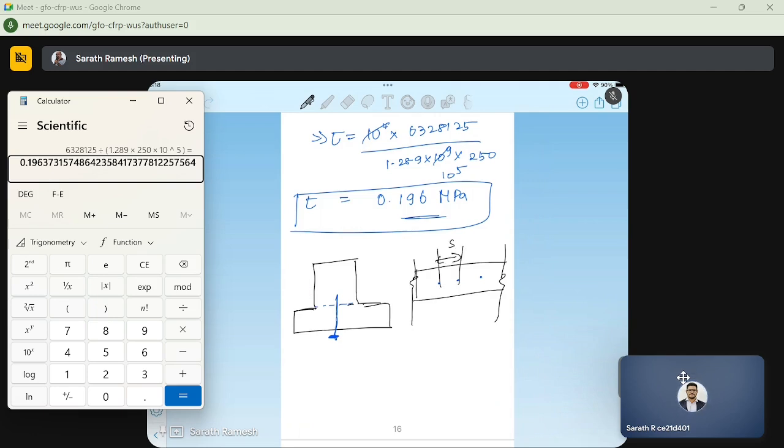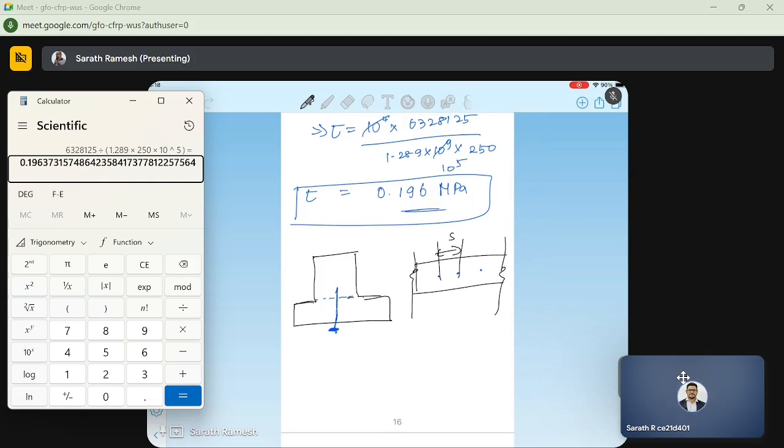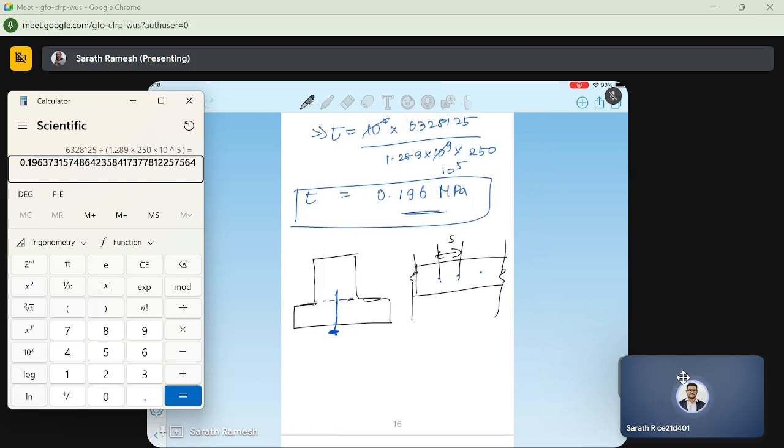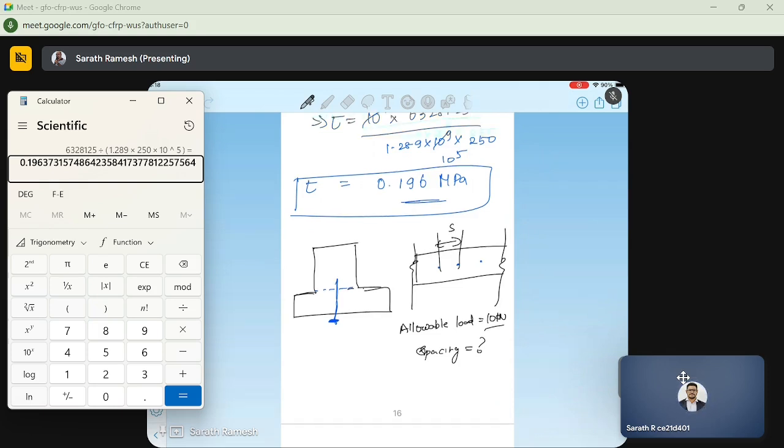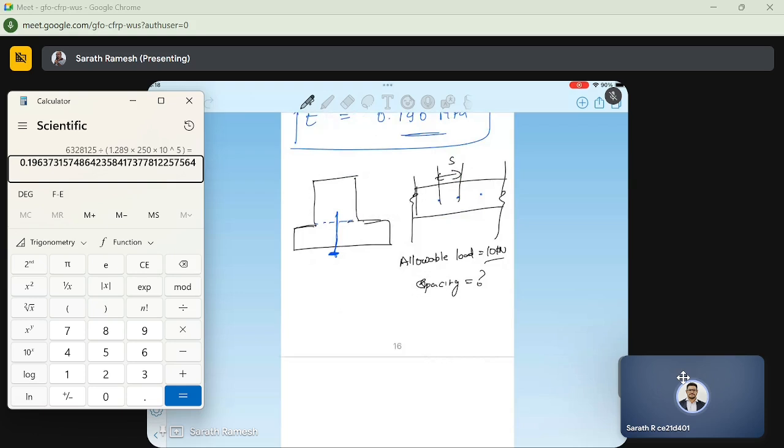Maybe the diameter of the nail, the spacing of the nail, and suppose we want to take the allowable load. Allowable load is given in the problem, say 10 kilonewton. What will be the recommended safe spacing? How to find this?